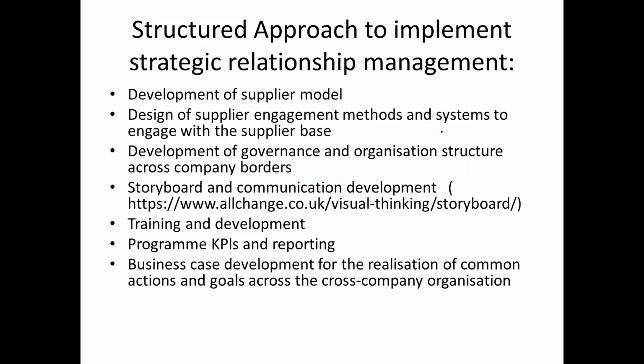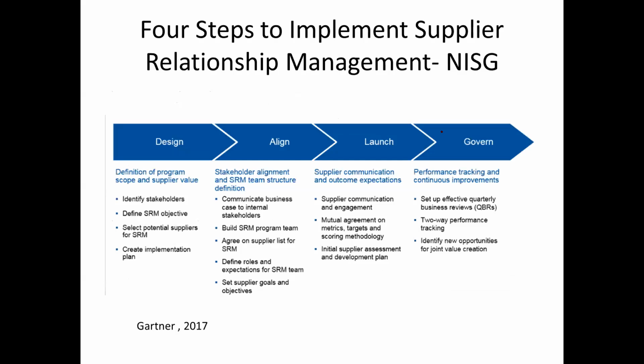How do we implement relationship management? Develop a model, design engagement, governance, storyboard and development of communication, yuck. Training, KPIs, business case. And then there's a model there, not in the study guide, from Gartner, that I've put into how you implement relationship management.